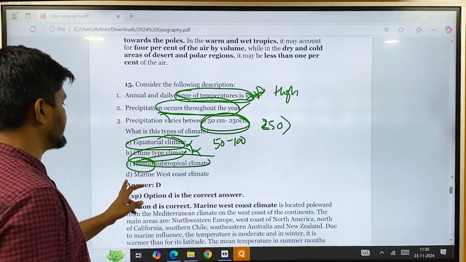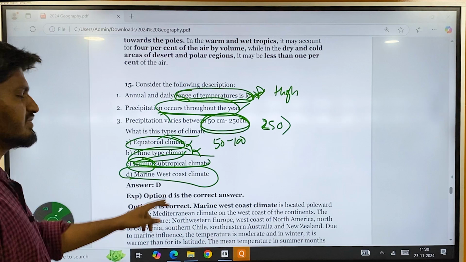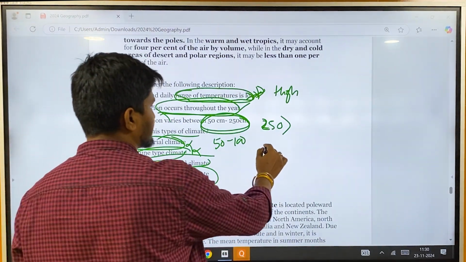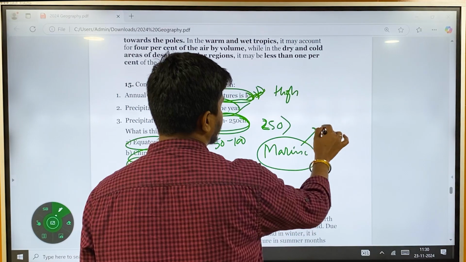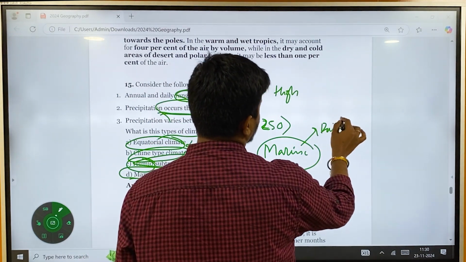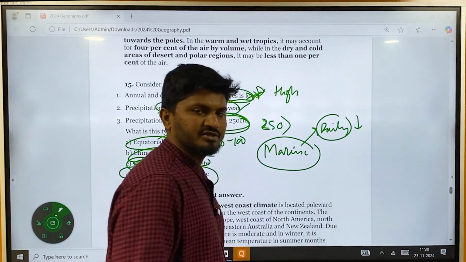So the correct answer here is marine, because of the presence of ocean or marine ecosystem, the annual and daily temperature ranges are very low. What are annual and daily temperature ranges?